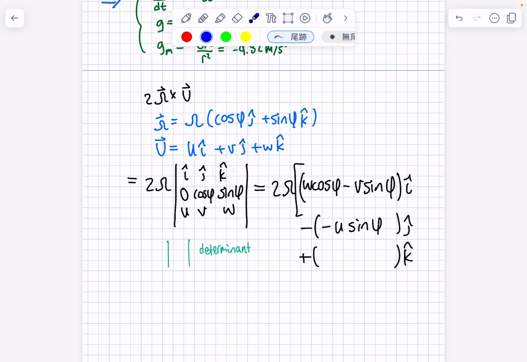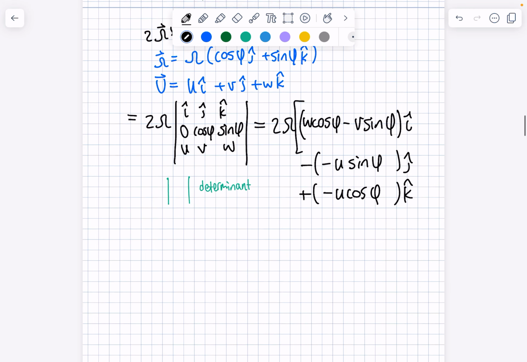And that will be, we cross out these. So for the first part, we cross out these, we look here, take the inner determinant. Here it's minus this one, take this determinant. Then again, and finally we do this. It is U times V minus U times cosine phi. So we get minus U cosine phi.